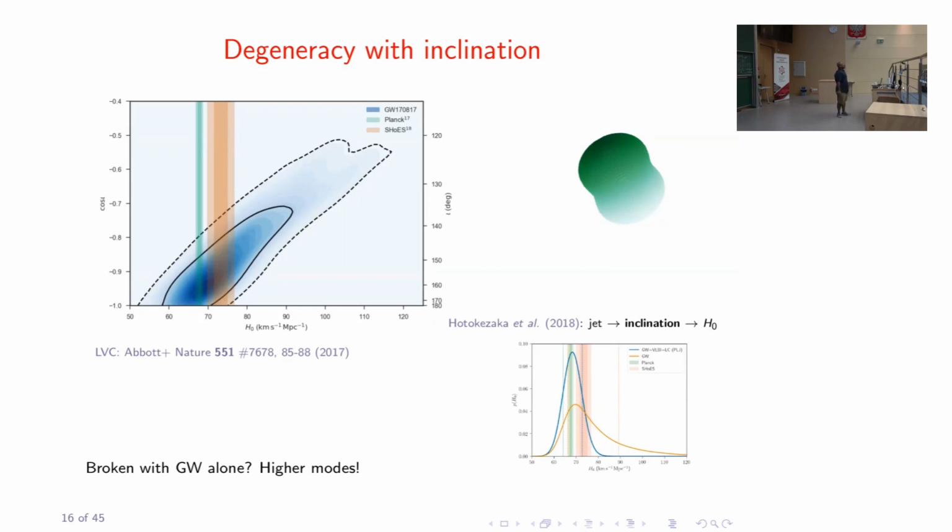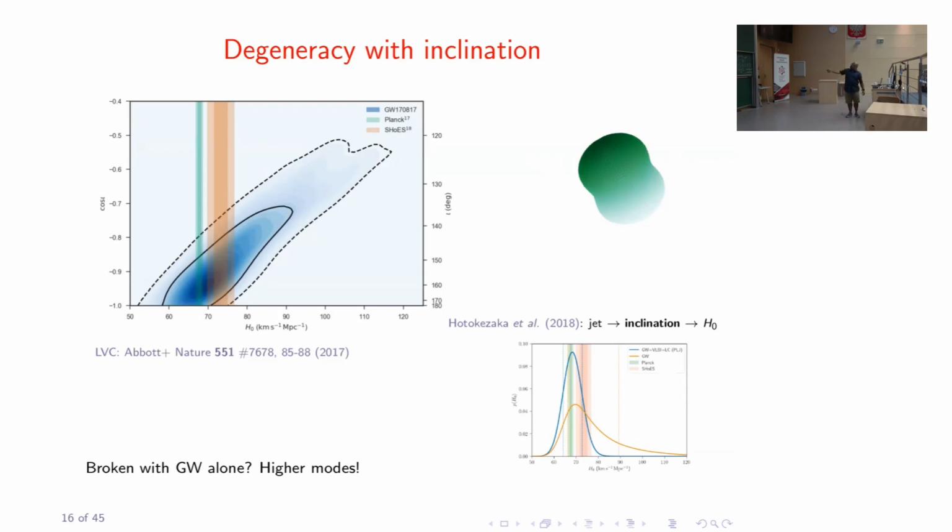And when will you be able to slice it? You would be able to slice it if you know the inclination well. So if somehow you know the inclination well, then you don't need to marginalize over all these values of the Hubble constant. You can take a slice through it, which would look much sharper.